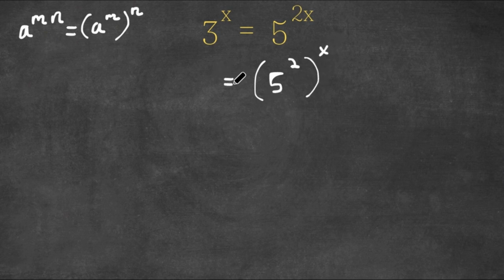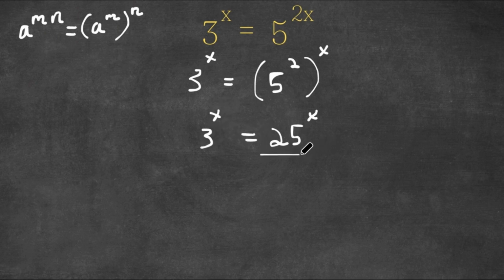And now this is still equal to 3 to the power of x. Now, let's simplify this a bit. 5 squared is 25. So now we have 25 to the power of x is equal to 3 to the power of x.